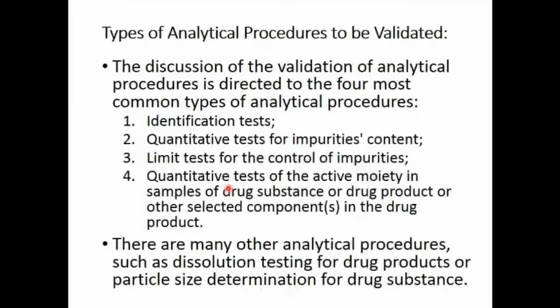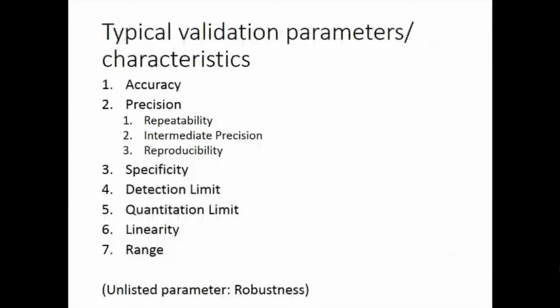Okay, let us proceed further. This is a favorite question. The slide on your screen is extremely important. This is a favorite question of examiners that comes in the final year viva. They will ask what are validation parameters or what are validation characteristics.